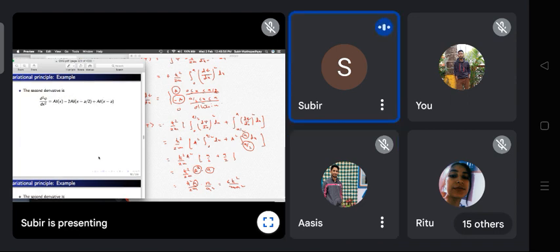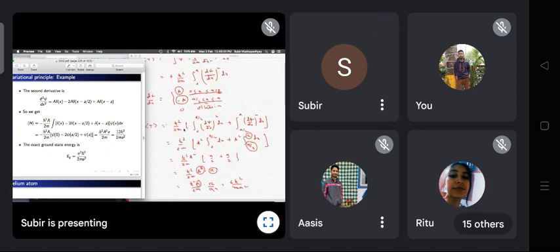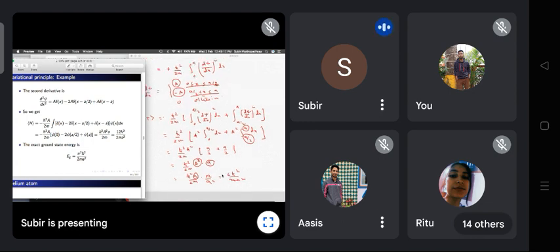This much is not required. So this is the one. And now you can see what is the exact ground state energy. The exact ground state energy is pi square h bar square by 2m square.